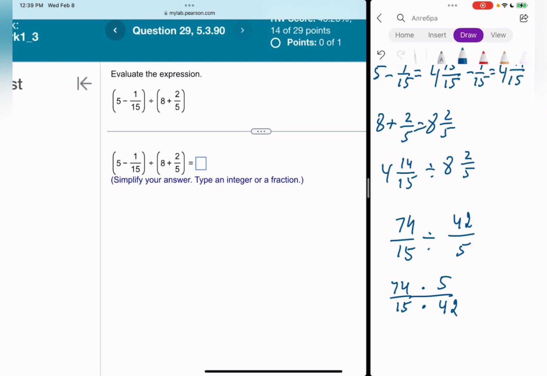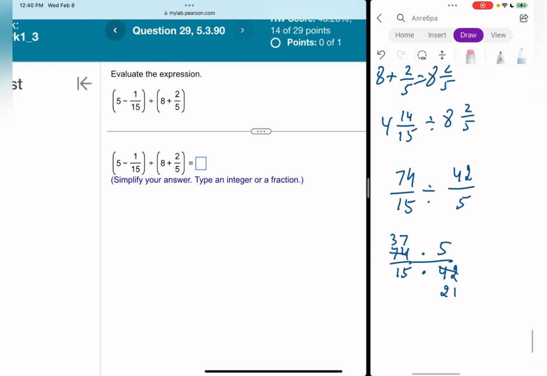Okay, this is equal 74 over 15. I'm flipping 5, here is 42. So 42 and 74 I can reduce by 2. Let's say 74 by 2 is 37, and 42 by 2 is 21. And I think that's it. I can't divide by anything else. One second. Let me move a little bit down, separate them.